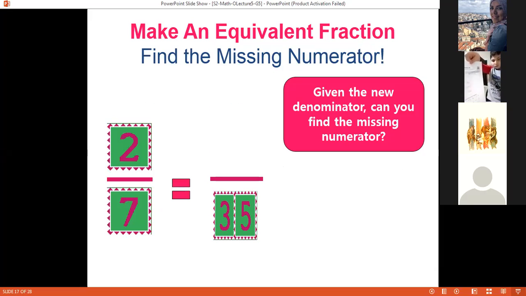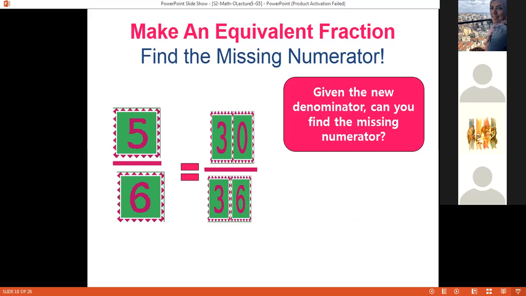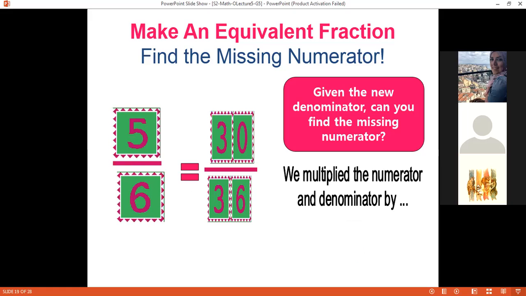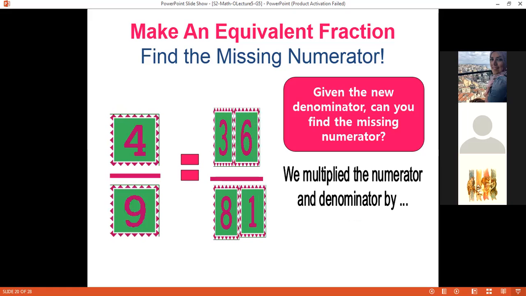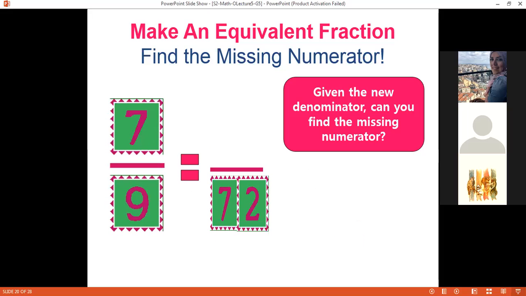Let us continue. Do you know how to compare fractions? I didn't explain it. I don't think you know 100% how to compare fractions, because I need to explain it to you, because there are many ways.